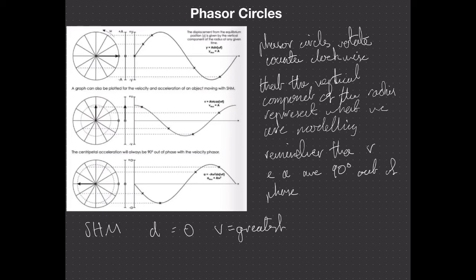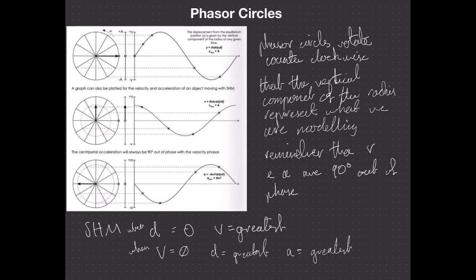Okay. When our velocity is at its minimum, displacement is at its greatest, and acceleration is at its greatest too. And last but not least, when our displacement is at its maximum, there is no velocity, but our acceleration is at its greatest.